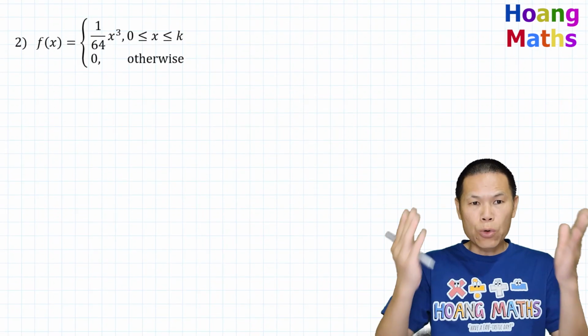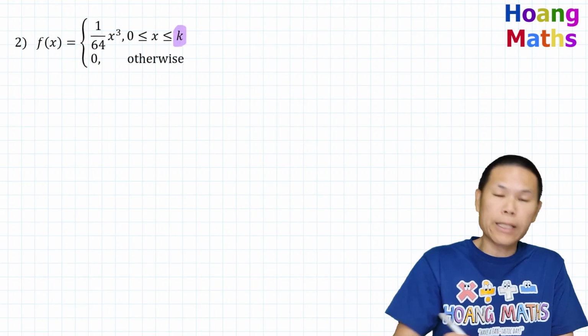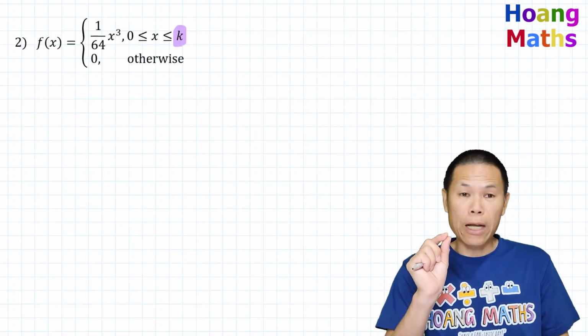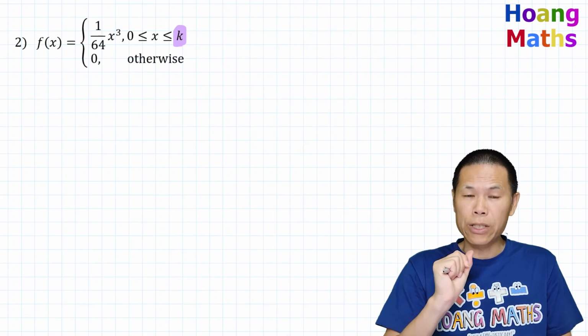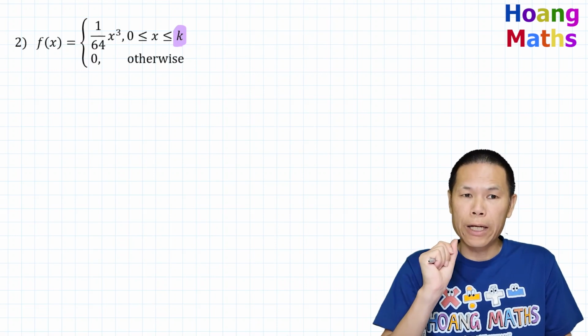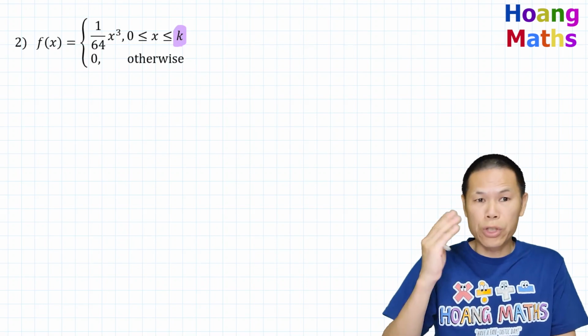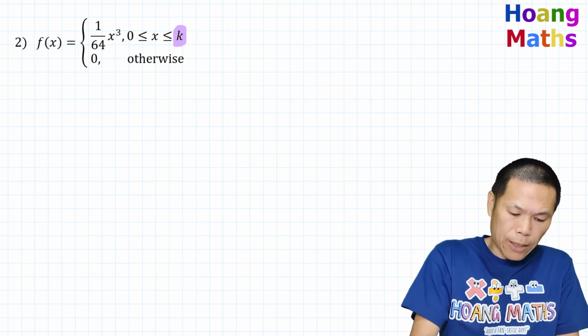Second one. To work out this value of k, in other words, we need to find the domain. We know that for probability density functions, the area under the curve must equal 1. So we just need to find the area under the curve.